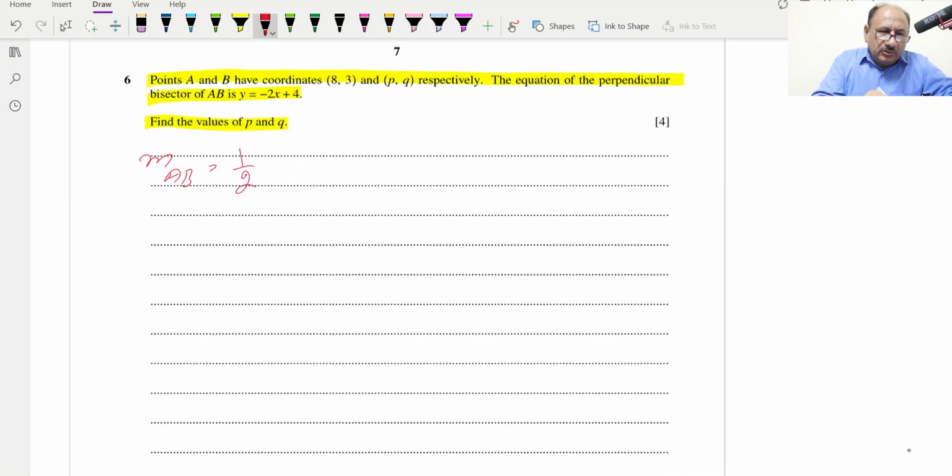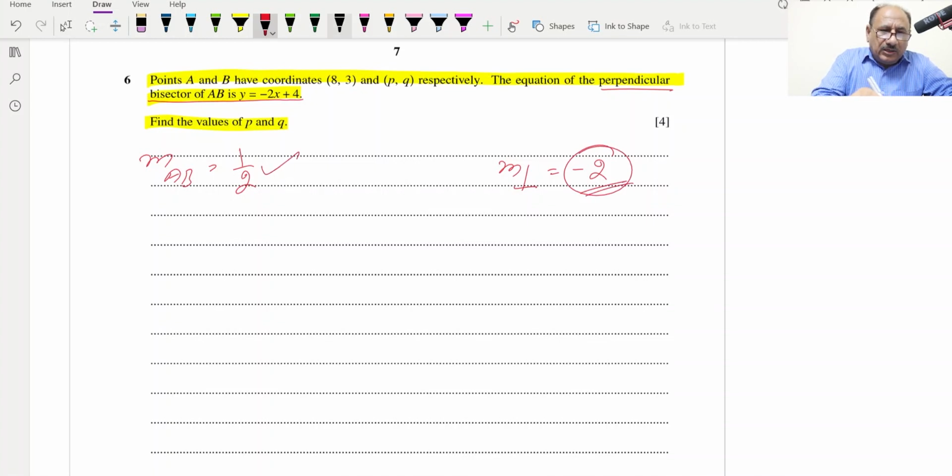Why 1 by 2? Because the gradient of the perpendicular bisector of AB is this one, so the gradient of the perpendicular is -2. So reciprocal and change sign of this one, we will get 1 by 2.